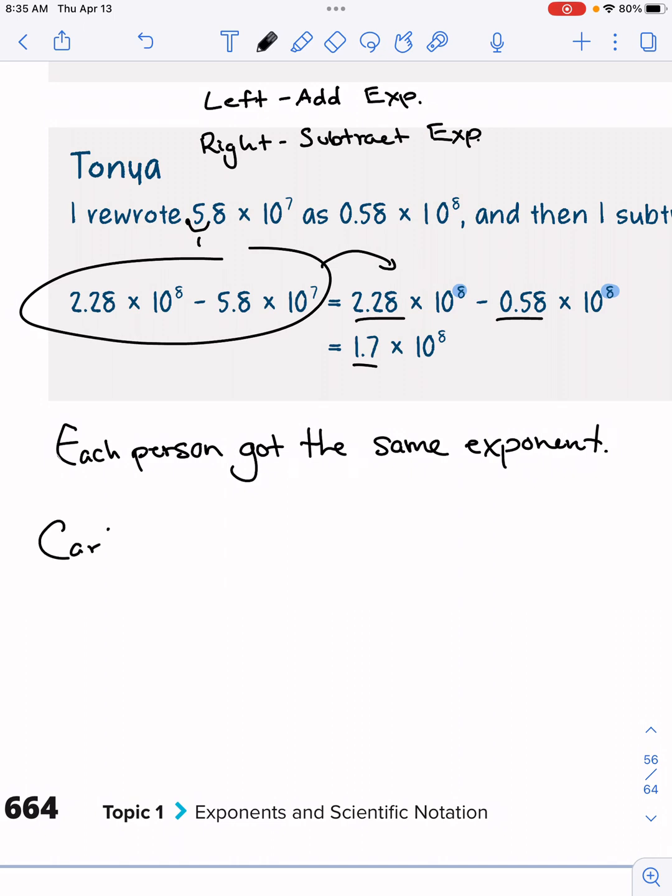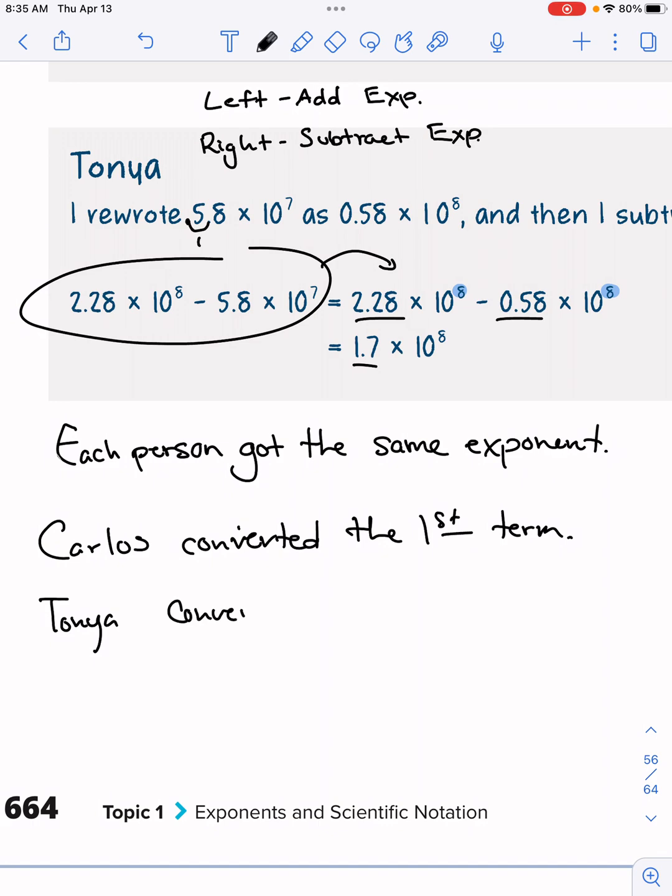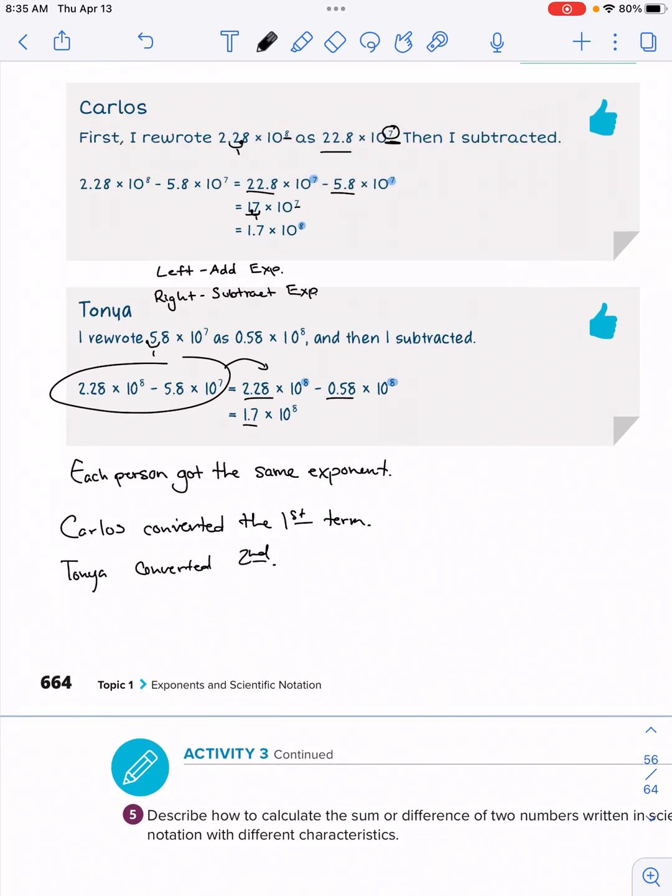Carlos converted the first term, whereas Tanya, she converted the second. Okay, so two different routes to get to the same thing if you want the same exponent.